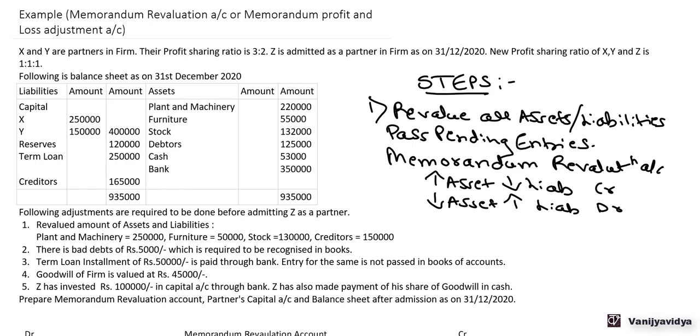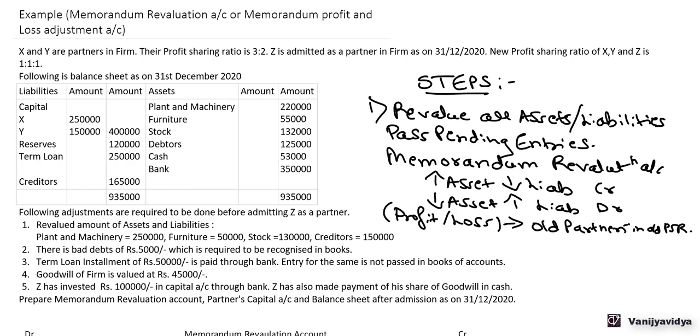So now what we do is, once we find out the profit or loss on revaluation, this profit or loss is distributed among old partners in the old PSR, that is, old profit sharing ratio. Now, since the second effect of this entry is not given and this memorandum revaluation account is prepared outside the books of account, to find out the revaluation profit or loss we reverse all the entries passed in the memorandum revaluation account.